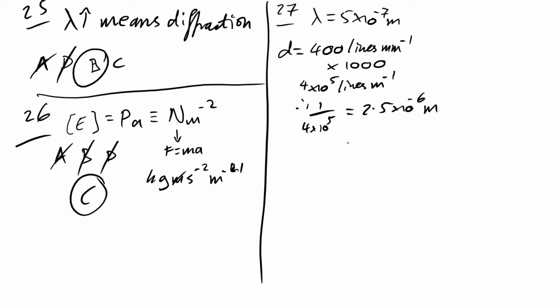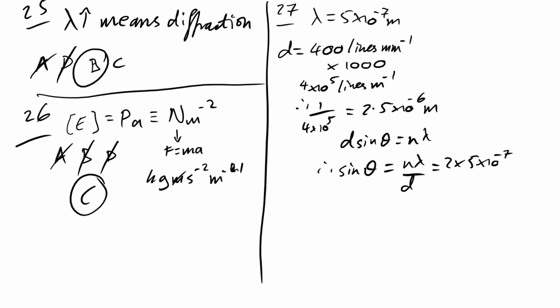So let's get our equation. d sine theta is equal to n lambda. We're looking for sine theta, so we can say sine theta is equal to n lambda over d. We're looking for the second order, so we do 2 times the wavelength, 5 times 10 to the minus 7, divide that by 2.5 times 10 to the minus 6. Can we do that in our head?